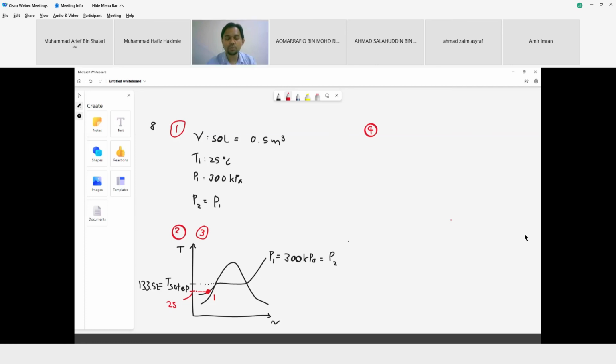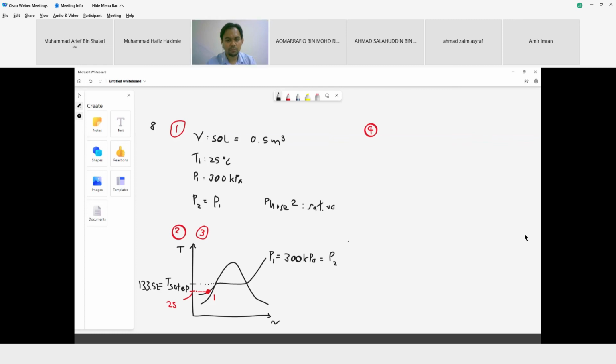So they have another clue there. Entire liquid vaporized means the final phase, phase 2, is saturated vapor.